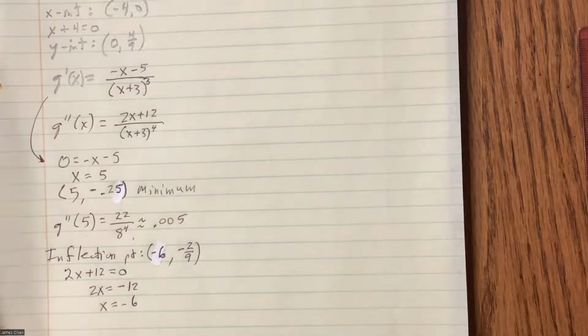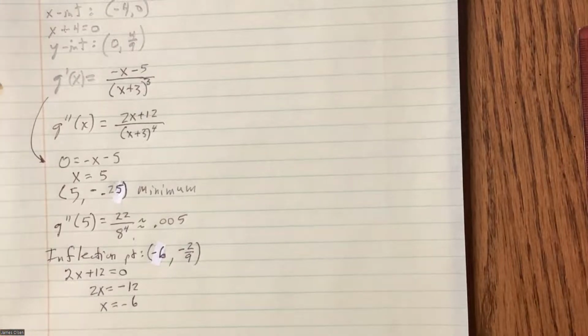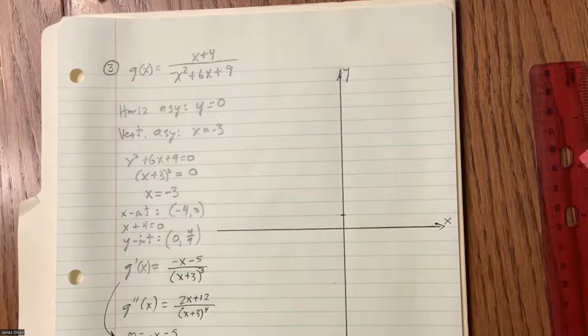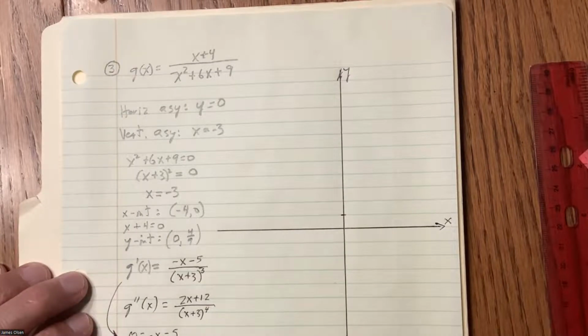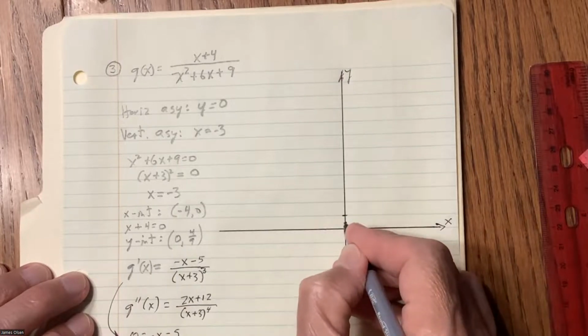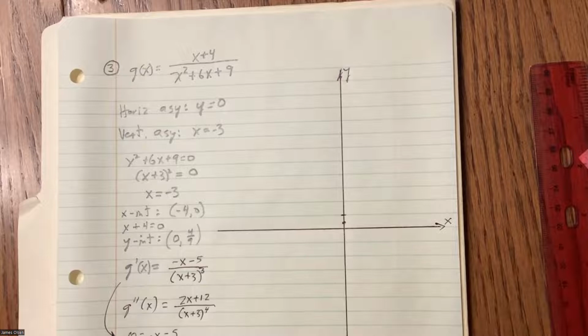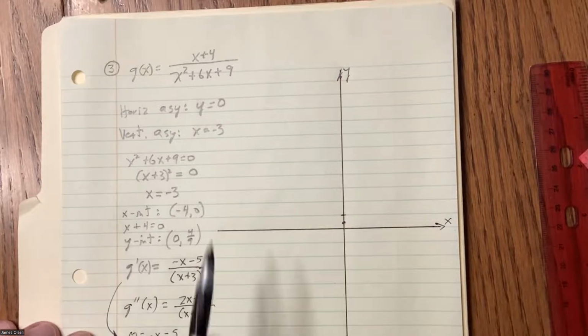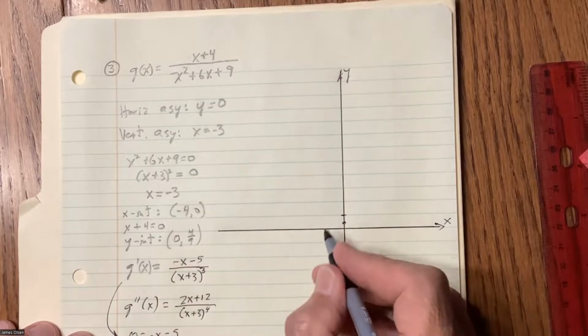All right, so now let's make our graph. So our y-intercept is 0, 4/9, a little bit less than 1/2. We have a vertical asymptote here at negative 3.